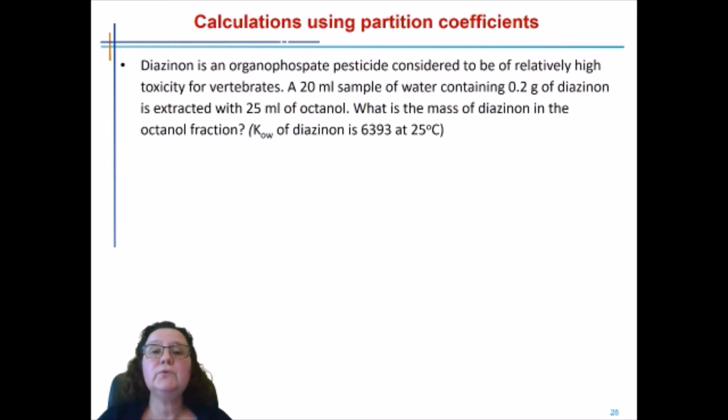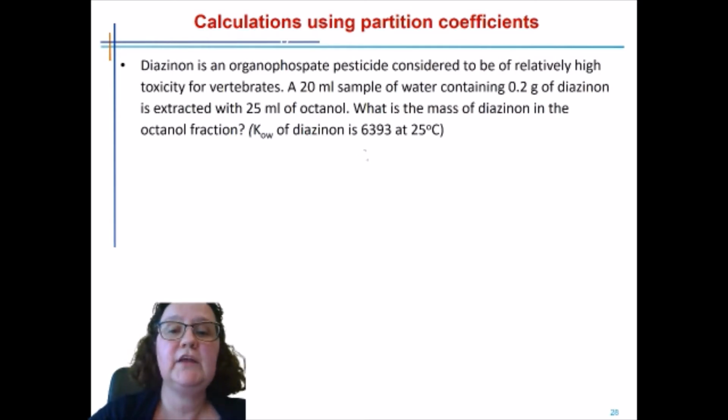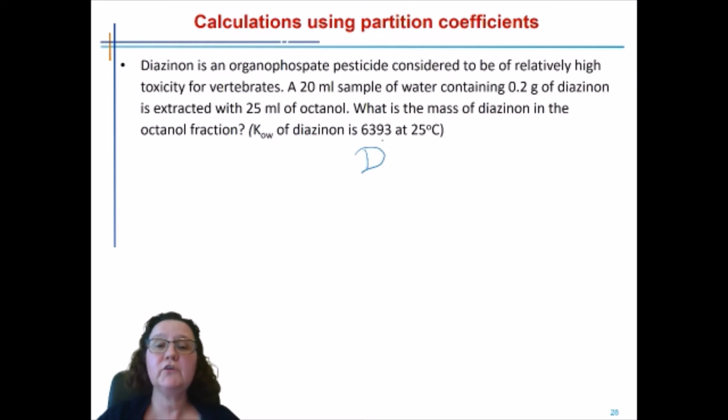And I'm giving you one piece of data, which is the partition coefficient octanol-water for diazinon is 6,393 at 25 degrees. So how will I go about tackling this problem? Well, I'm going to call D my diazinon. So I've got a certain amount of diazinon, 0.2 grams, dissolved in water.